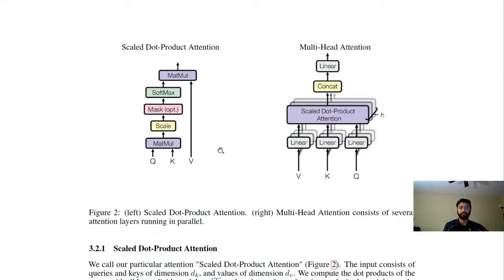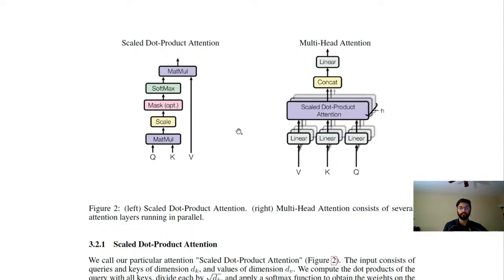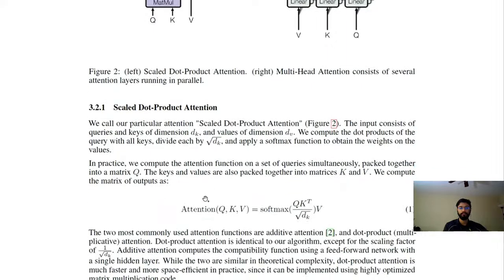They have a figure here, but I think the formula is a little bit clearer. Essentially, for the scaled dot product attention, we take the queries and multiply them with the keys. Then we do a scaling, which is that we divide by the square root of the embedding size. Essentially, this is just for numerical stability.